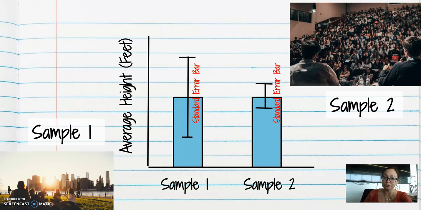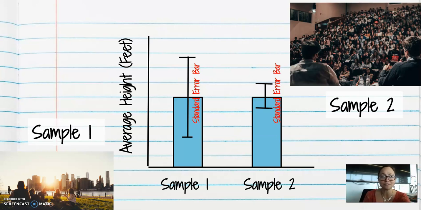Now in sample 2, we could either have a small standard deviation, which would give us smaller standard error bars, or we could have a very large sample size. And with that large sample size, we would also be more accurate. Say I'm looking at two samples: a sample of people sitting in a field having a picnic versus a sample of a college lecture hall, and I want to know the average height of a college student.